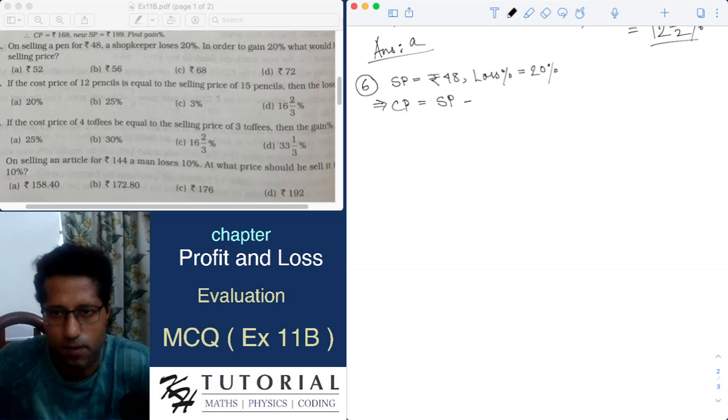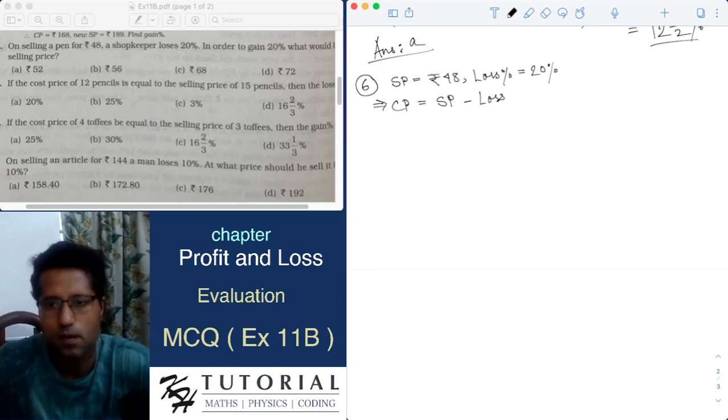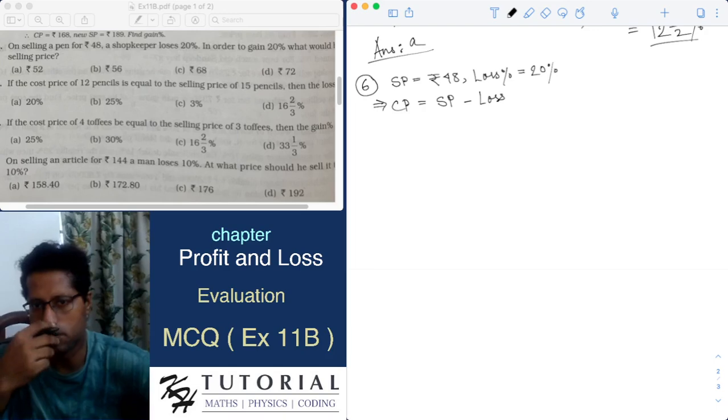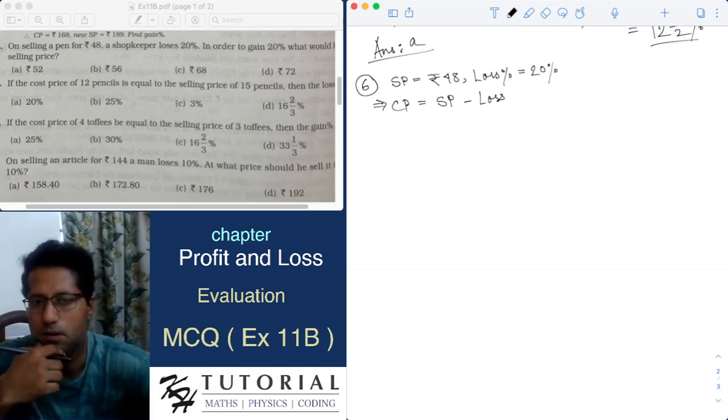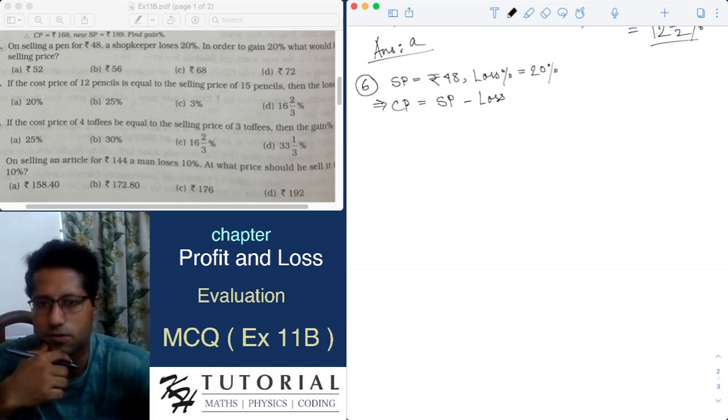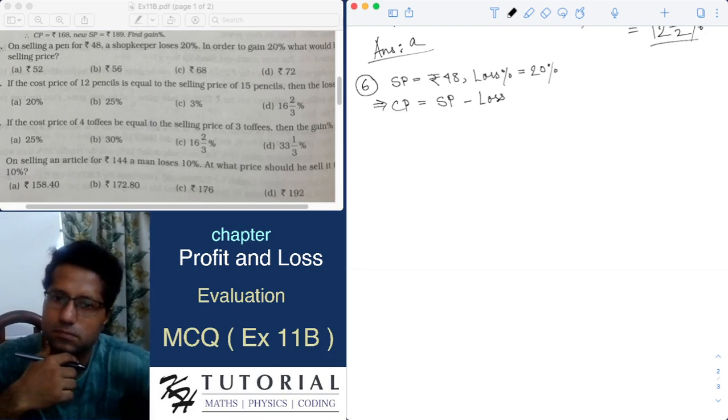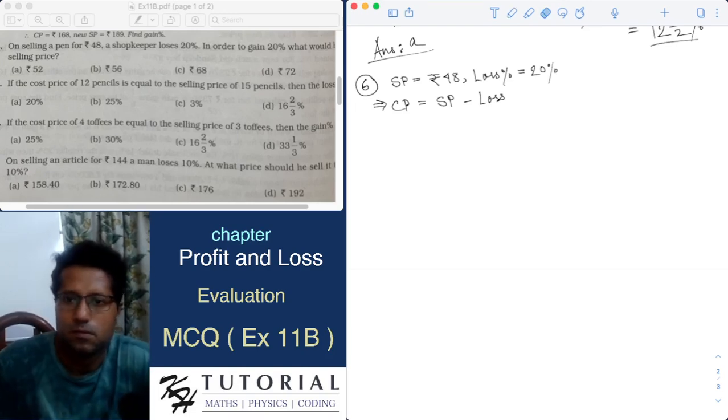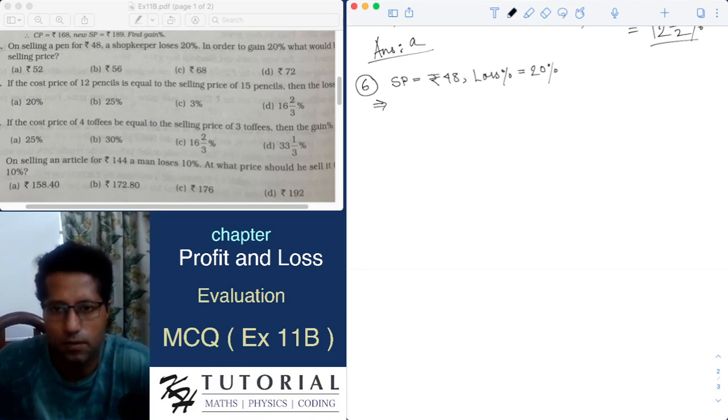From here we can calculate the cost price. Selling price minus cost price, since it's a loss.